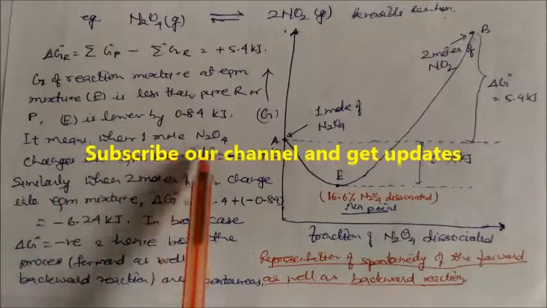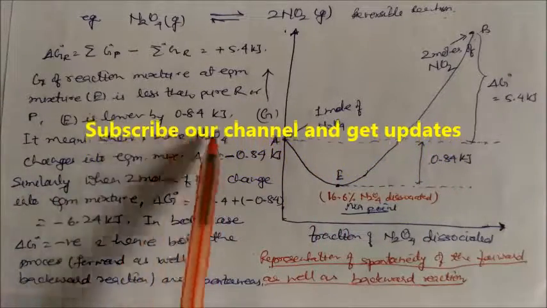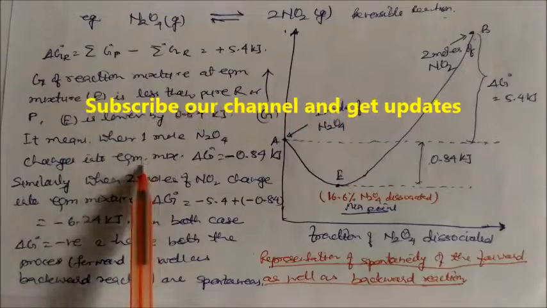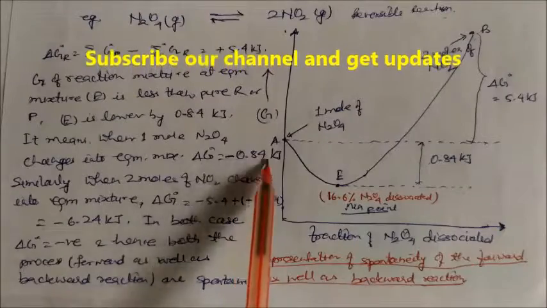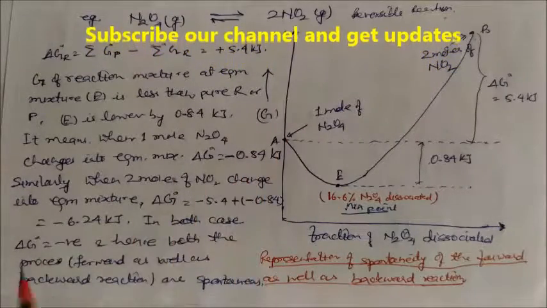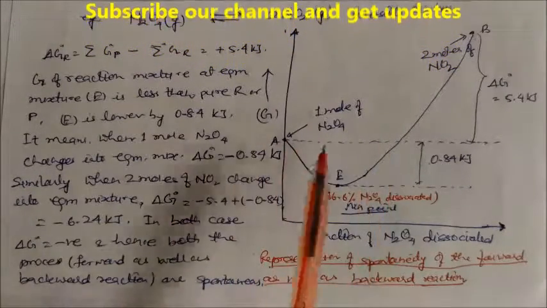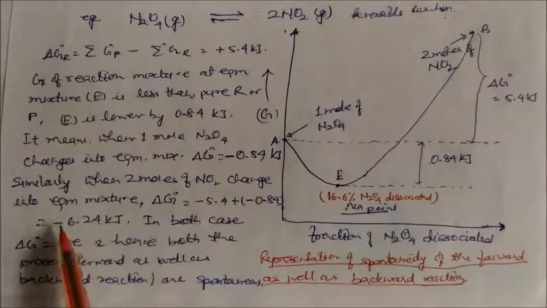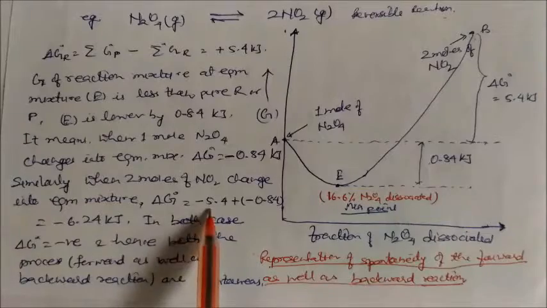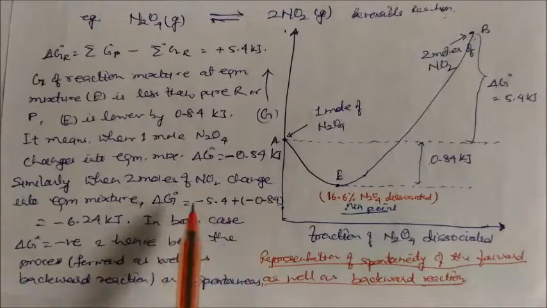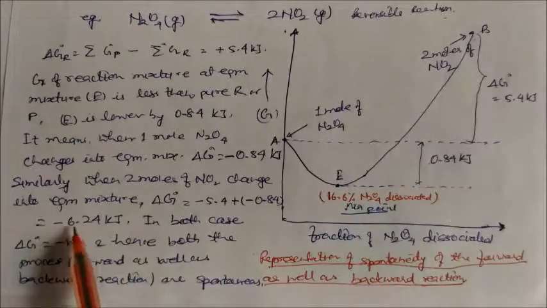So when 1 mole of N2O4 changes into the equilibrium mixture, delta G is equal to minus 0.84 kilojoule, negative because it is going in the forward direction. Similarly, when 2 moles of NO2 change into the equilibrium mixture, this is going backward. So minus 5.4 plus minus 0.84, you have to add these values, and it becomes minus 6.24.